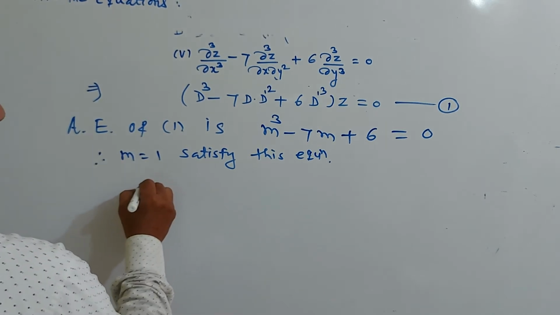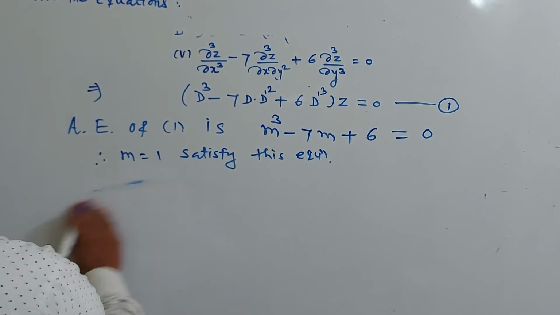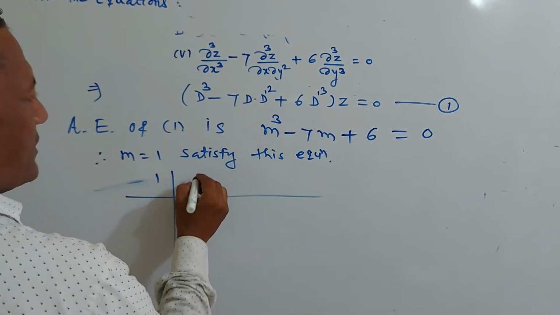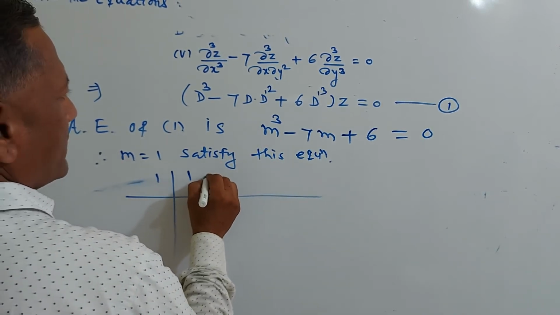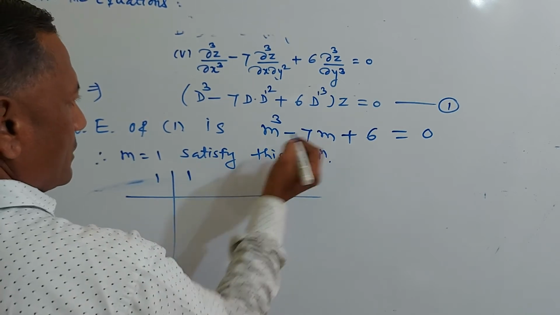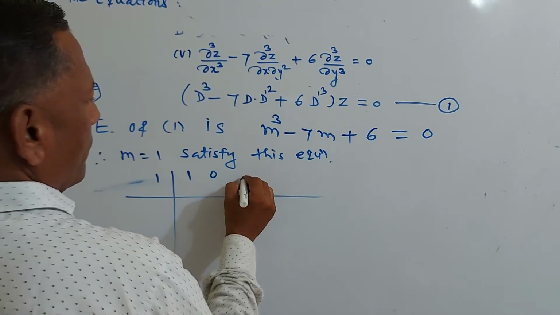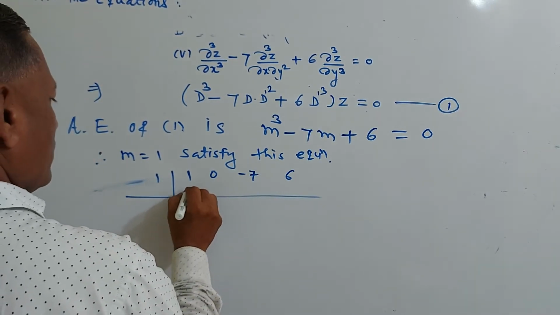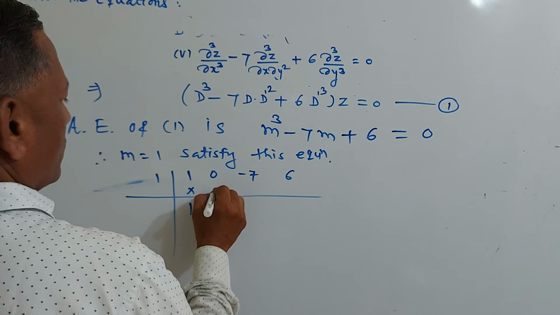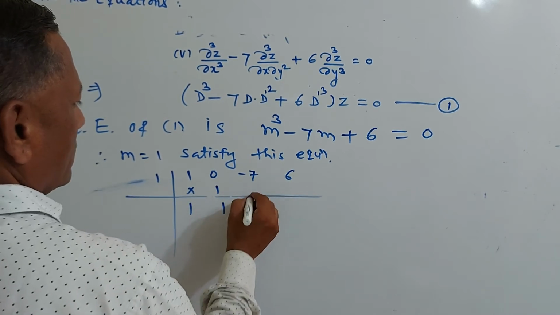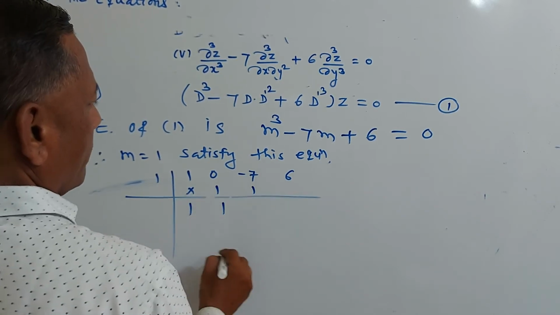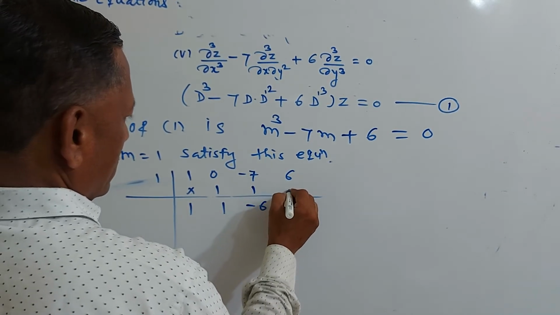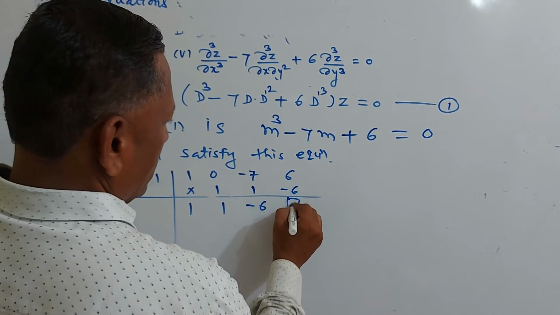Therefore, we factor by the synthetic method. So you have 1. Its coefficients are here 1, 0, minus 7, 6. Here 1, here 1, 1, then here minus 6, into 1 minus 6, here 0.